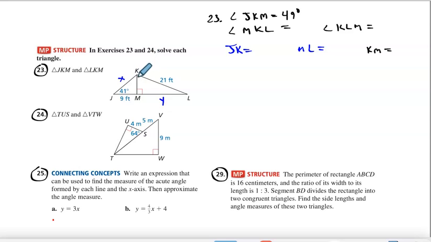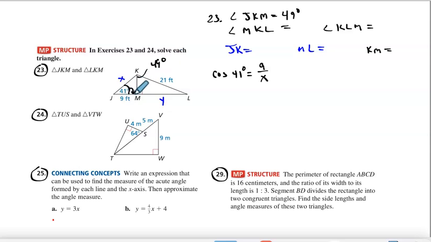Okay, so this angle here, we said was 49. So I have this 41 degree angle. I have the adjacent, and I don't have the hypotenuse. So I could do cosine of 41 degrees is adjacent over hypotenuse. So we can use that.